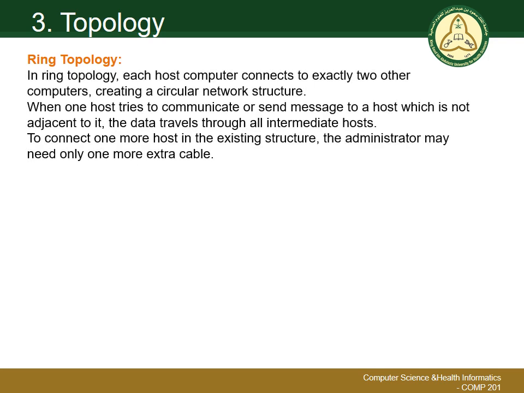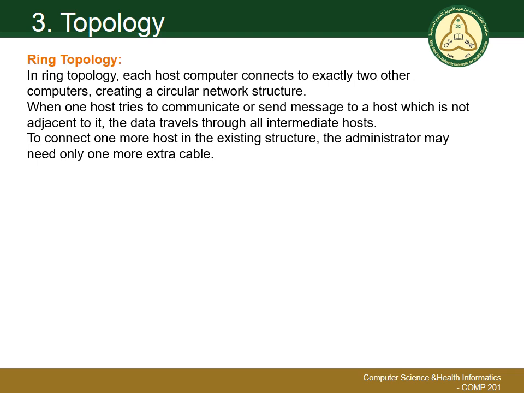In ring topology, each host computer connects to exactly two other computers, creating a circular network structure. When one host tries to send messages to a host which is not adjacent to it, the data travels through all intermediate hosts to reach it.